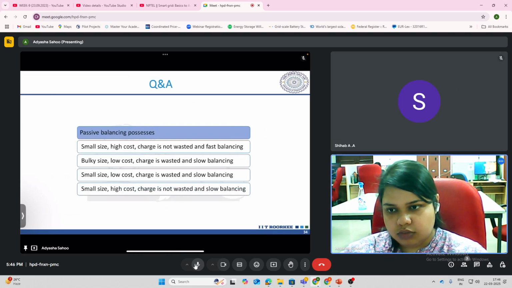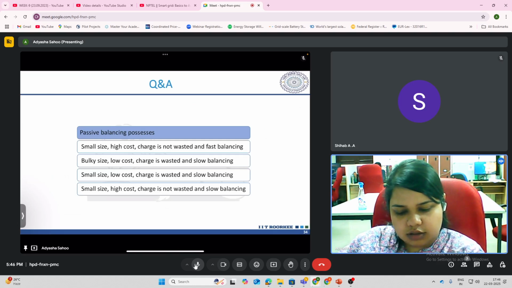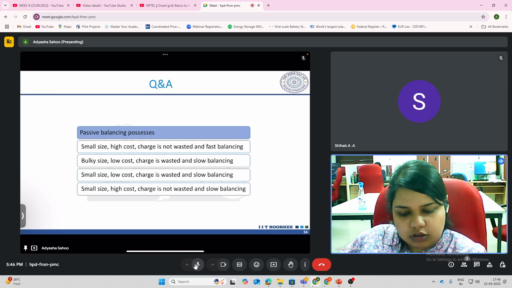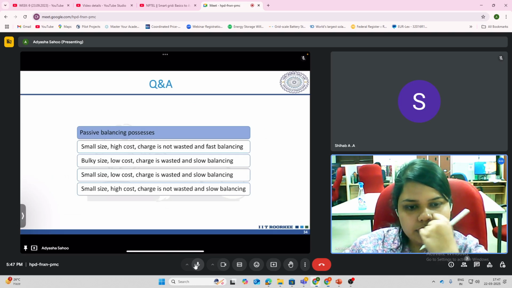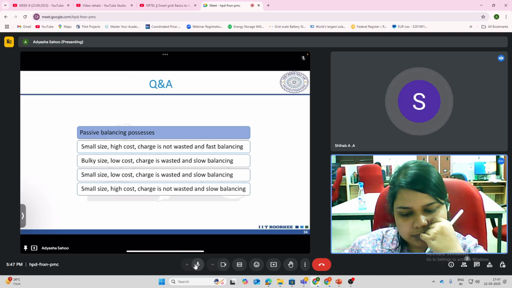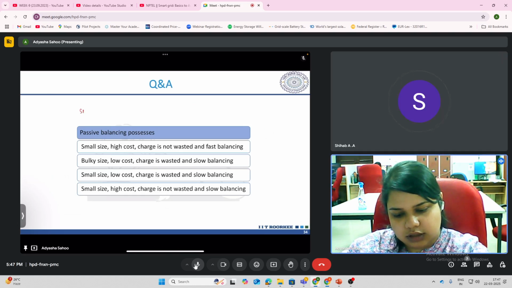Passive balancing possesses small size or bulky, cost low or high, charge wasted or not wasted, balancing slow or fast. So it is small size.